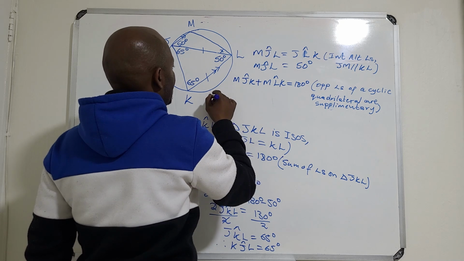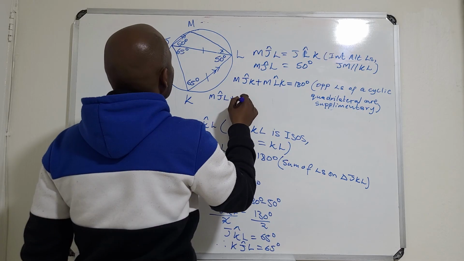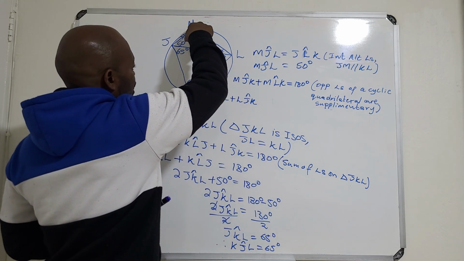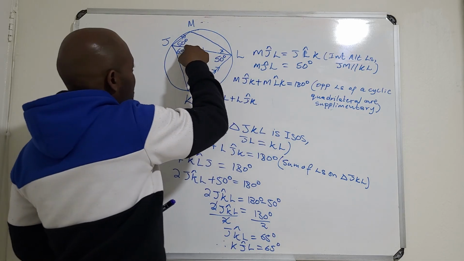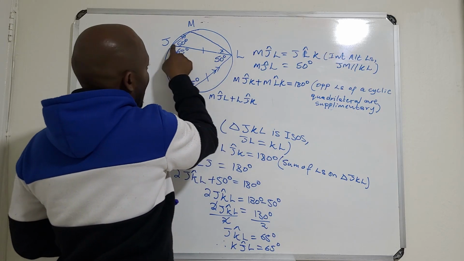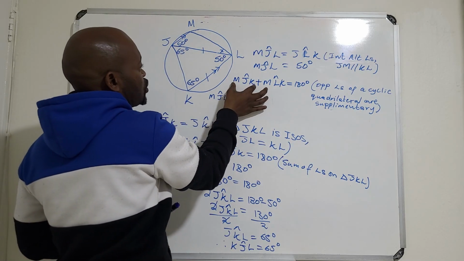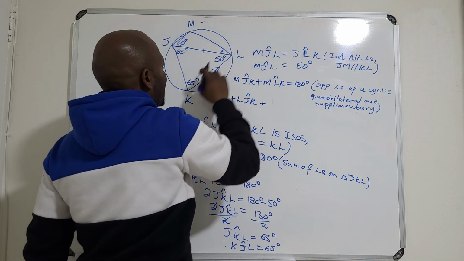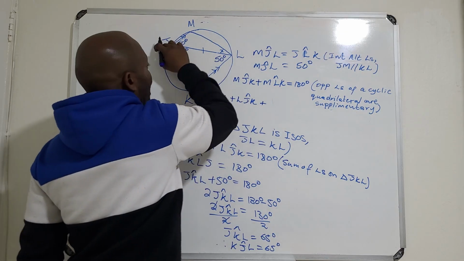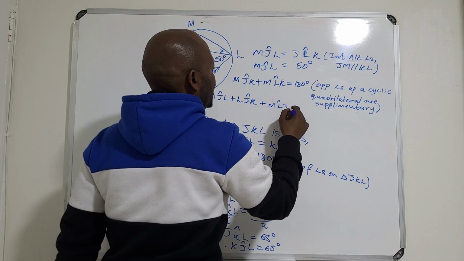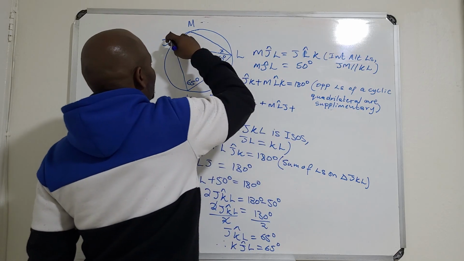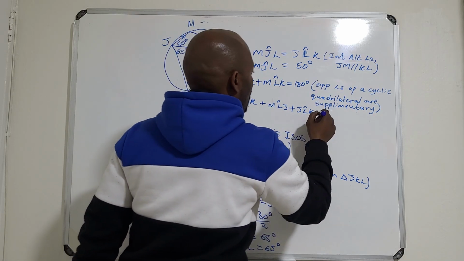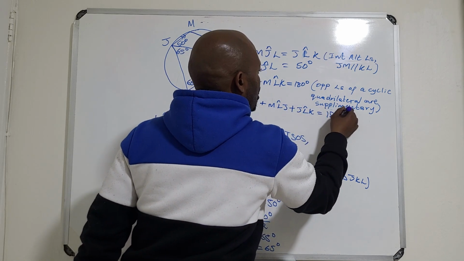Therefore, angle MJL, which is this angle, plus angle LJK, which is this angle, is equal to this angle, plus angle MLK. Angle MLK is the same as angle MLJ plus this angle, which is angle JLK, which is equal to 180 degrees.